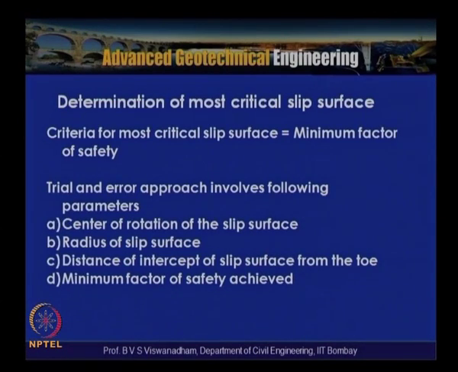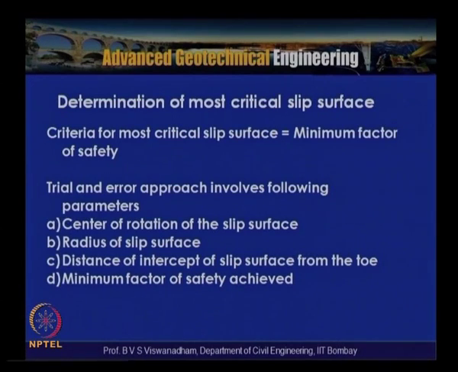Generally it is done as follows: for a slope, along the perpendicular bisector, a grid of centers is selected, and for the grid of centers we select innumerable circles with radius r minimum and r maximum. These centers are located almost on the perpendicular bisector of the slope surface.